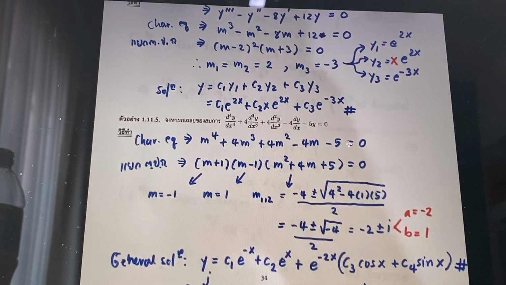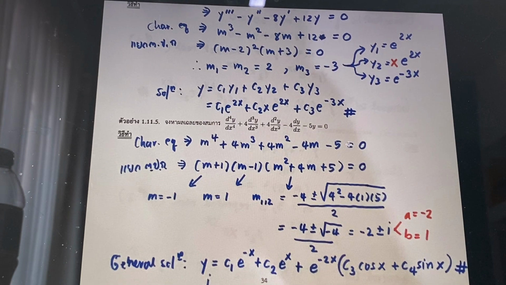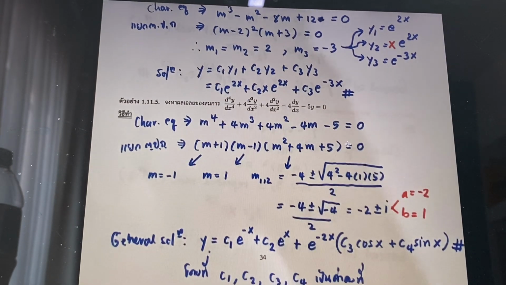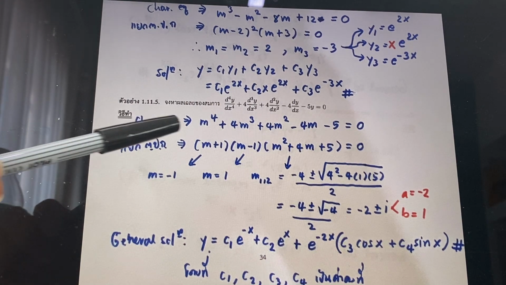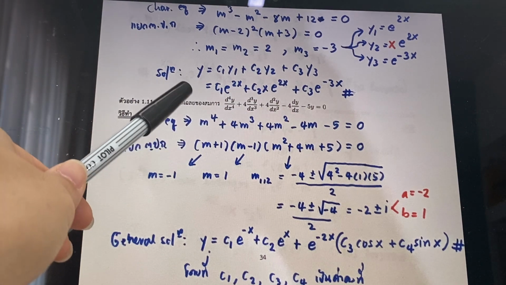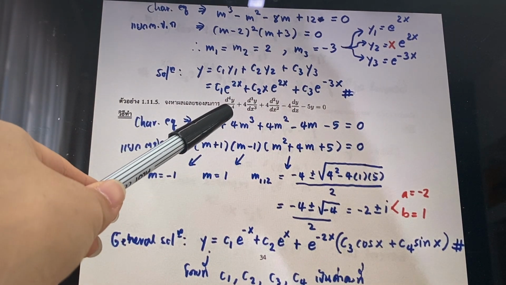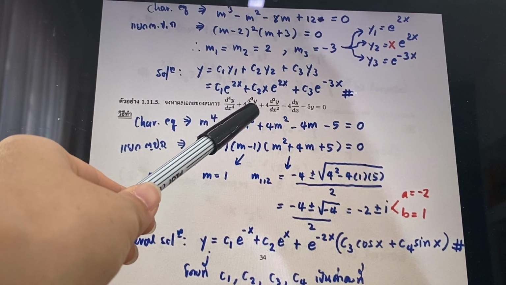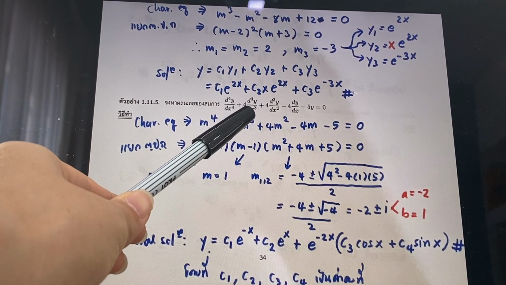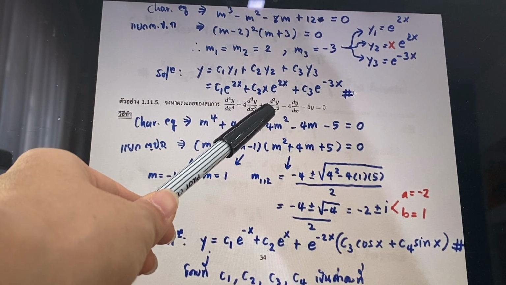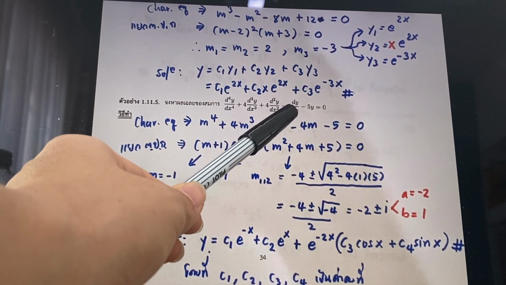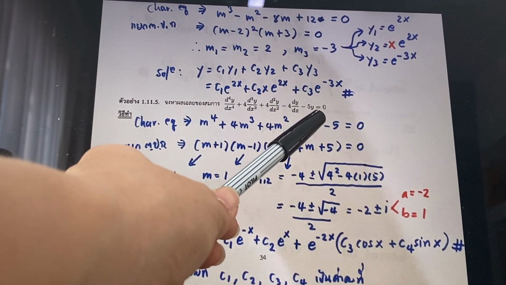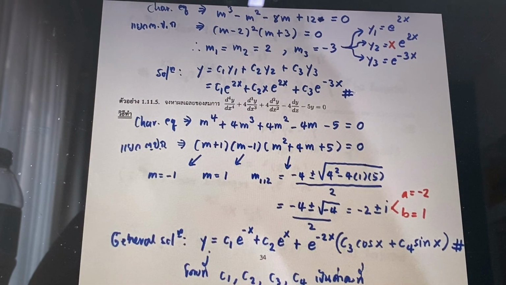All right, and this should be the last example. Okay, let's do it. You have the fourth derivative of y with respect to x plus 4 times the third derivative of y with respect to x plus 4 times the second derivative of y with respect to x minus 4 dy by dx minus 5y equal to 0.